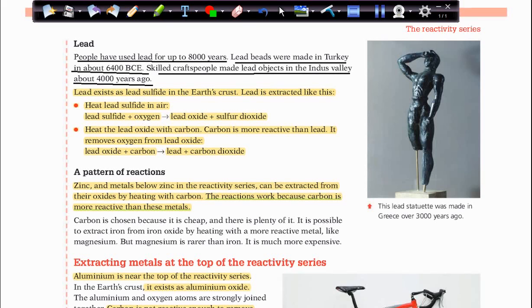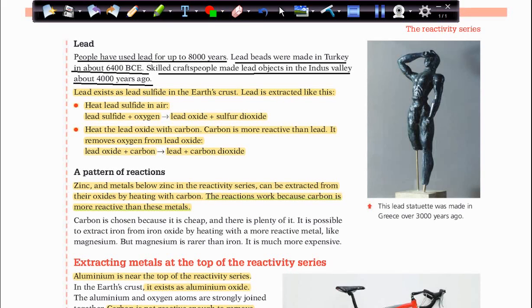So lead is widely used, and they discovered lead thousands of years ago, and they were using it more than 8,000 years ago, and they made a lot of craft with it.